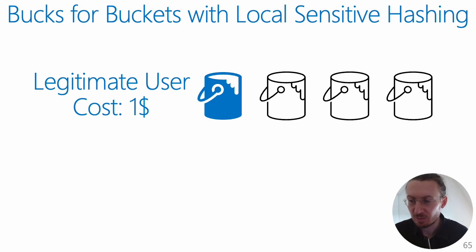If queries come from a small subset of the whole possible data, then these queries cover a small region of the representation space. Very likely, the representations from this small subset of queries fall into the same bucket and occupy a very small number of buckets. So for such legitimate users, querying our API is cheap.